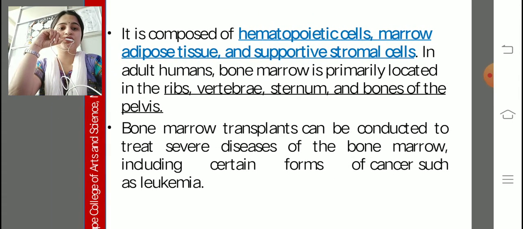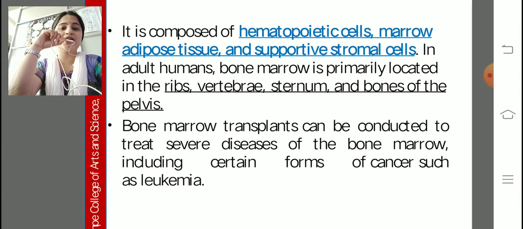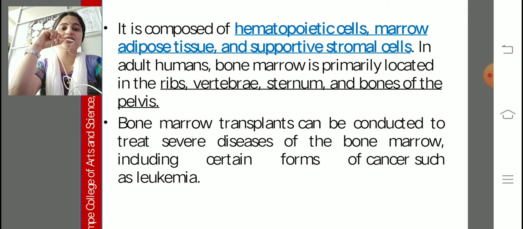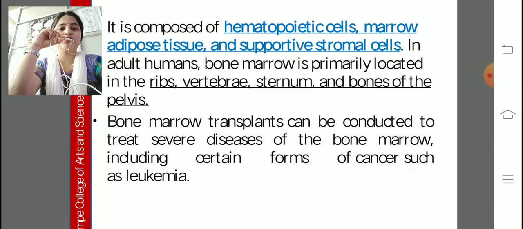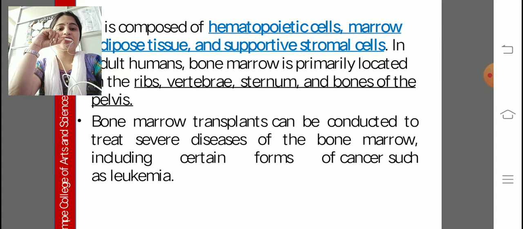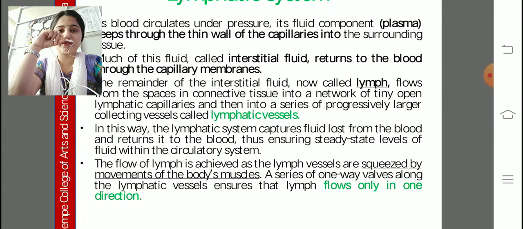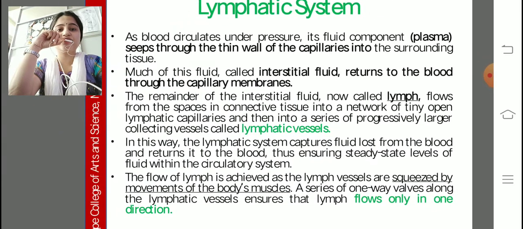In adults it is composed of hematopoietic stem cells, adipose tissue, and supportive stromal cells. I told you all the places where it's located. Bone marrow transplants can be conducted to treat diseases in severe conditions, and even sometimes cancer such as leukemia, where the immune system does not function well.